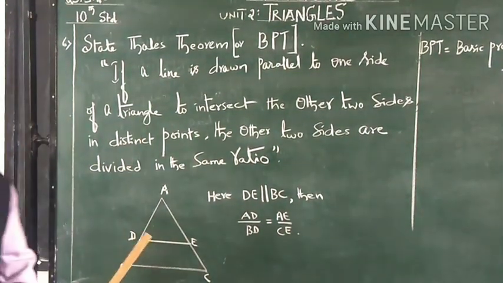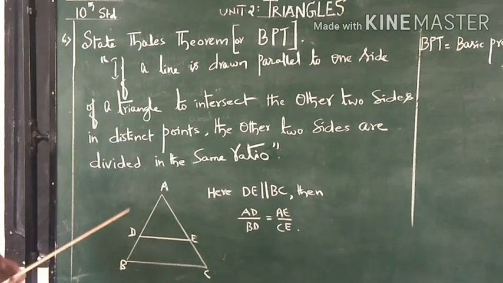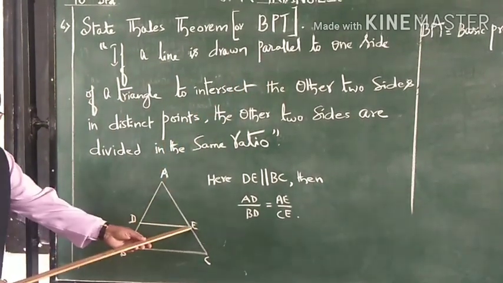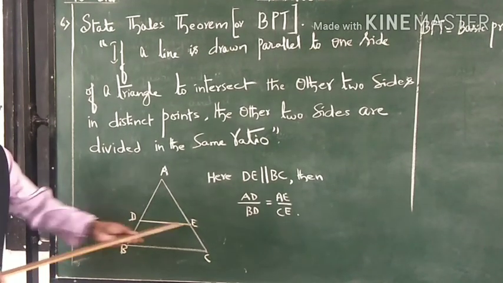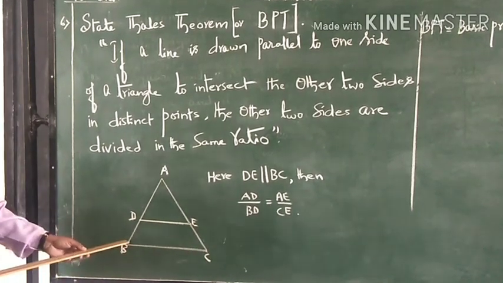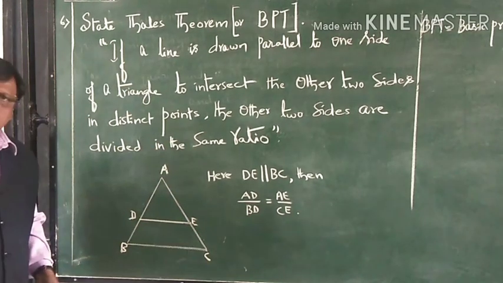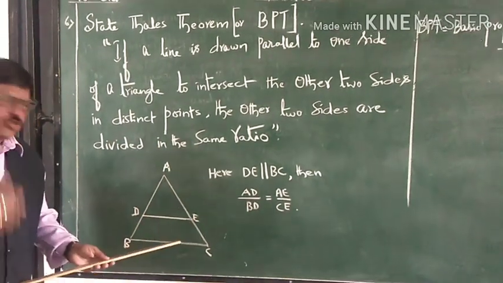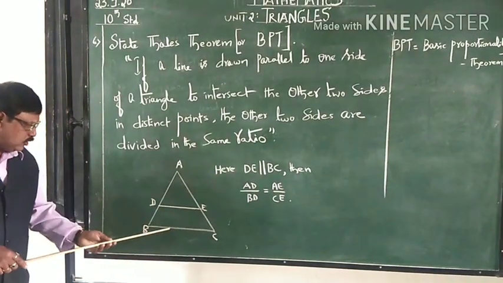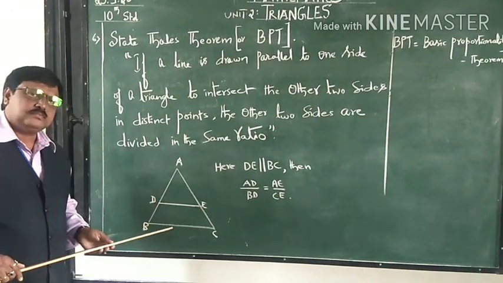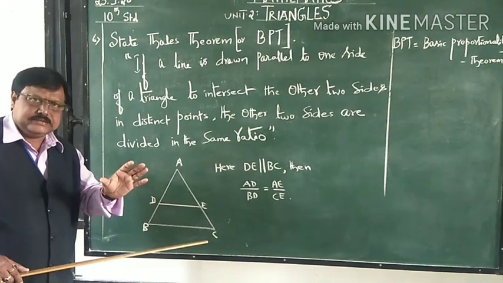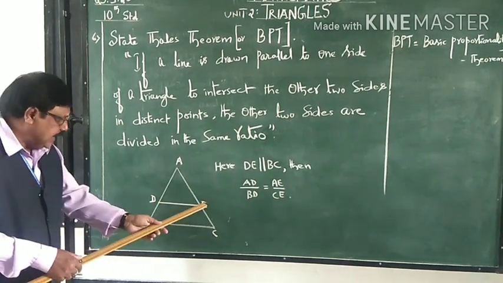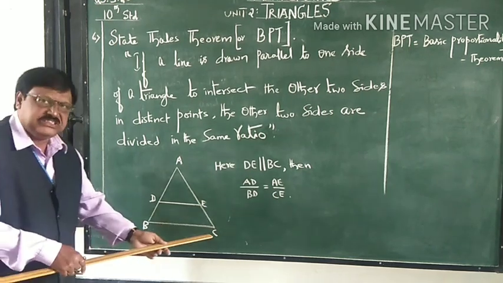See, you compare that with this triangle. If a line is drawn parallel, you take DE is drawn parallel to BC. You can draw the line DE parallel to AC, or you can draw the line DE parallel to AB. But here, I have taken one parallel line, DE parallel to BC.